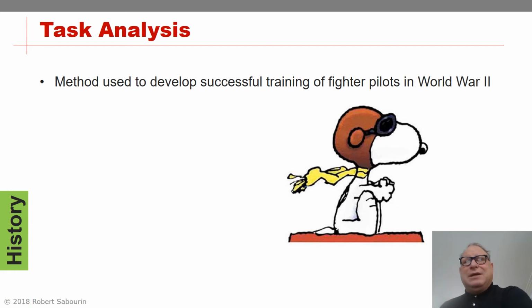So they had to figure out how to train a regular pilot to become a fighter pilot. They used task analysis interviews. They interviewed many, many successful fighter pilots, tried to break that down into tasks and skills, and then created training mechanisms so that regular pilots could become excellent fighter pilots.